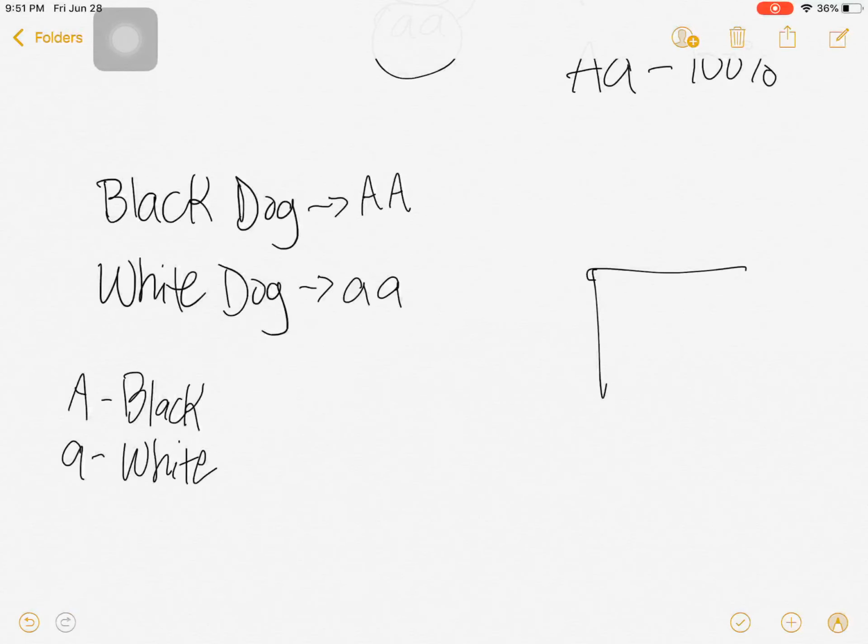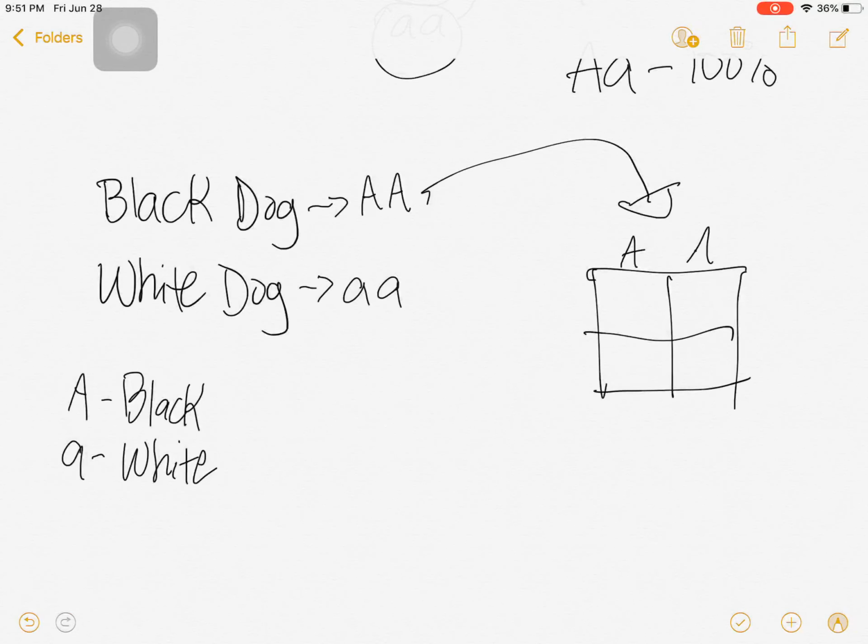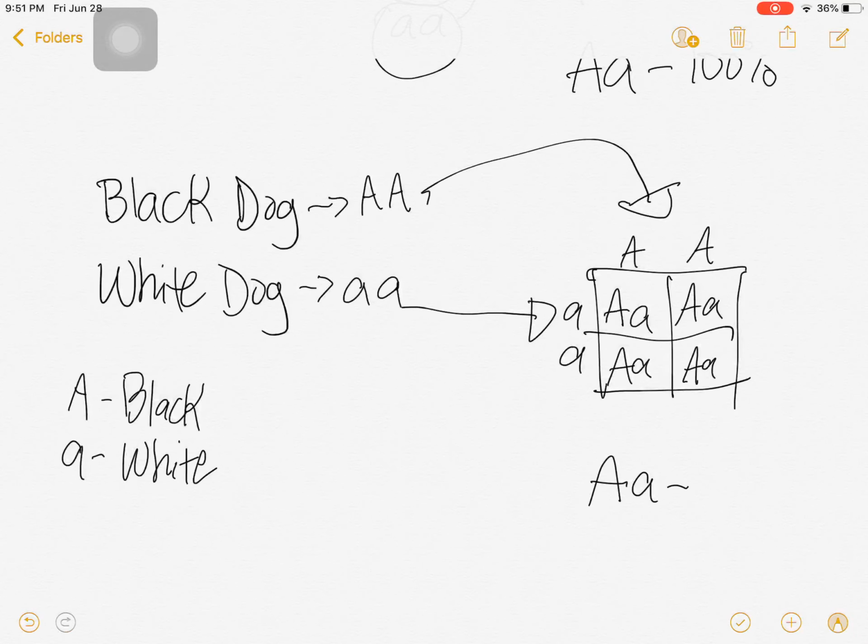Now we just fill that in. Parent goes on the top, parent goes on the side, and then we fill in like so. Again, all of the squares are the same, so there's a 100% chance that their puppy will have this gene pair.